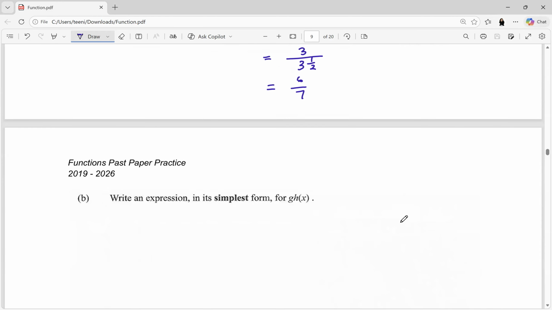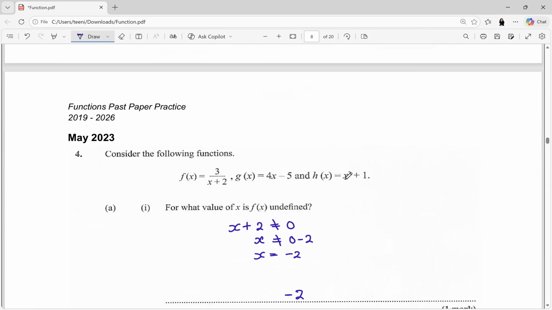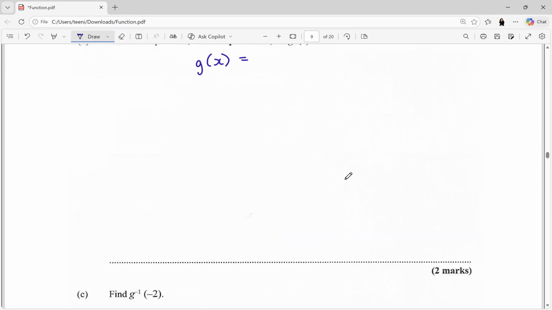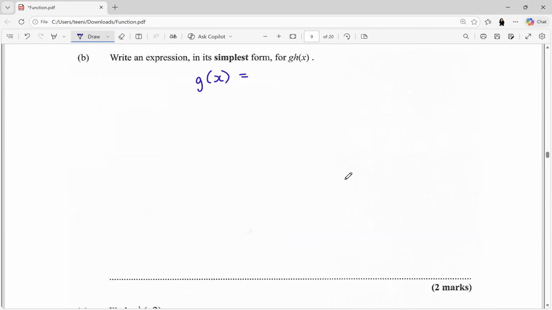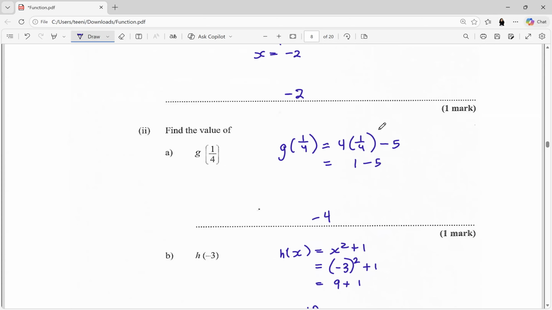Write an expression in its simplest form, g of h of x. So let's recall what g of x is. G of x is equal to 4x minus 5. And then h of x is x squared plus 1.